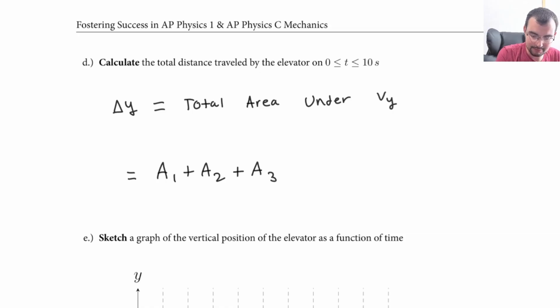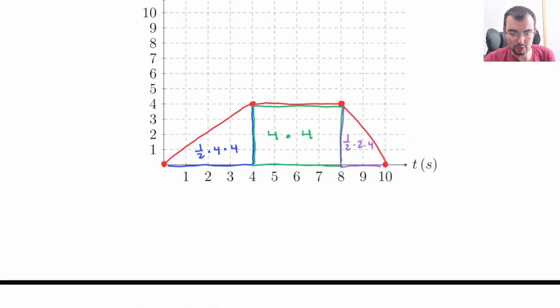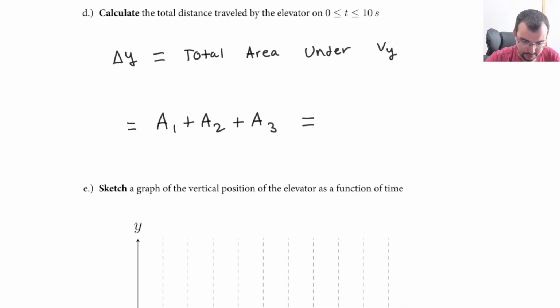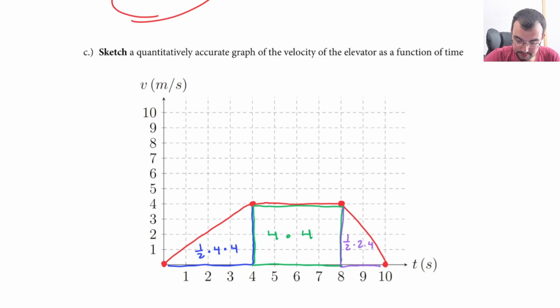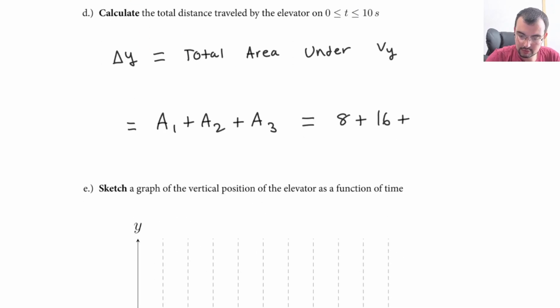All positive, because the elevator never moved down at all. Might have slowed down, but it was still moving up. So we get half of 4 is 2. 2 and 4 makes 8. Then we get 16. And then we get 4. That gets us 8 and 16 is 24, 28.